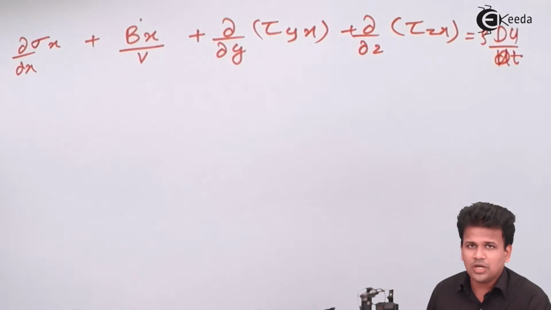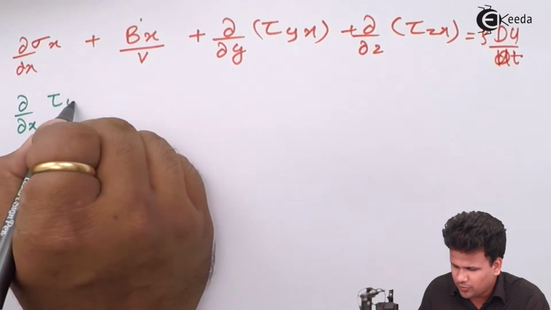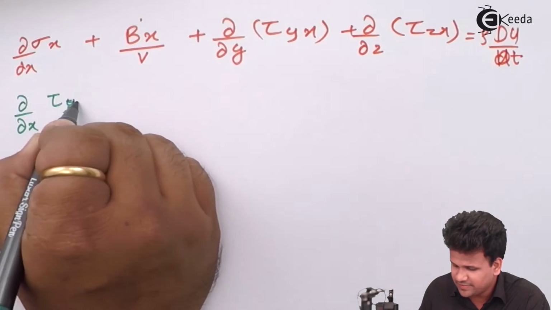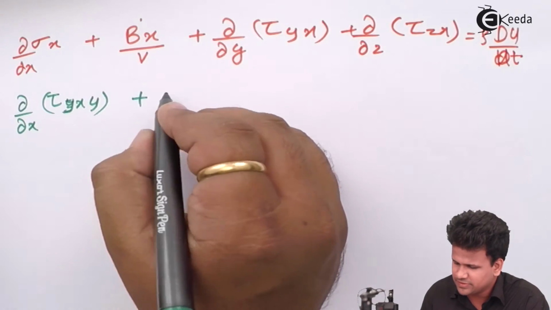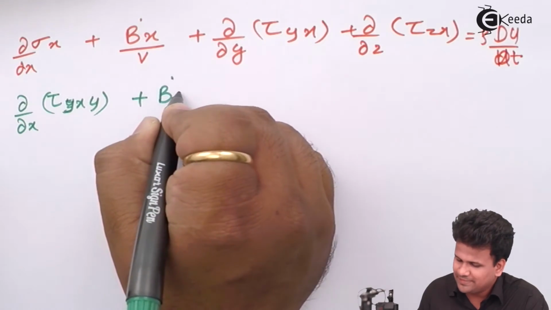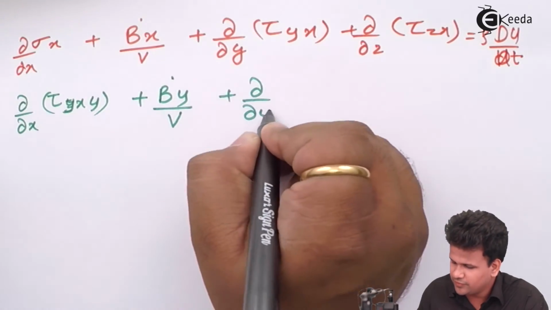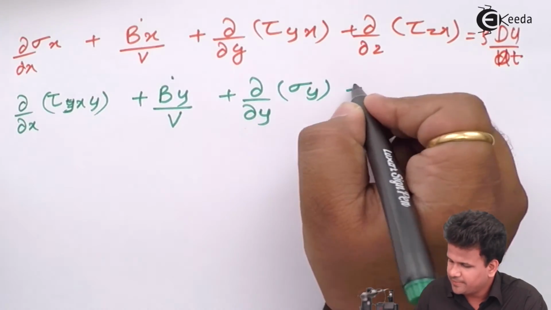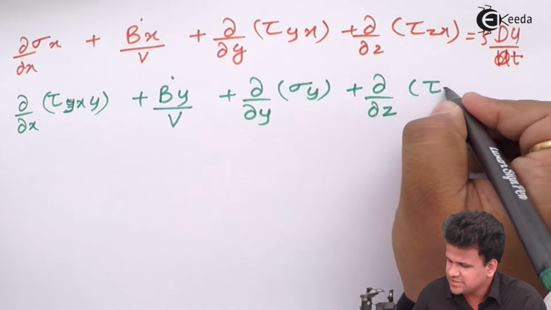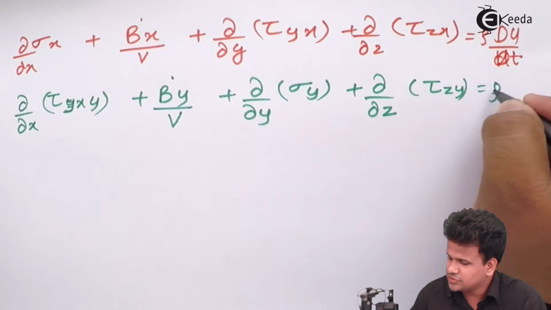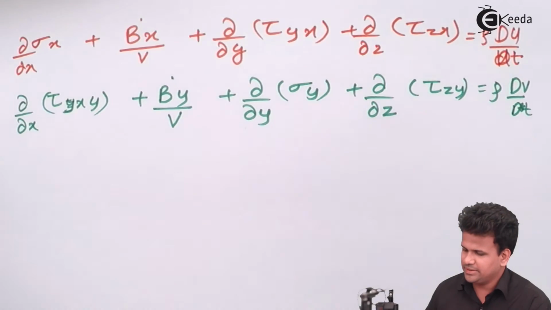Similarly, we'll write down along y direction, so this will be dou by dou x of tau of x plane y direction plus we'll write down the body force, so this is body force per unit mass along y direction divided by the volume plus dou by dou y of sigma y plus dou by dou z of tau of z plane y direction is equals to rho into dv by capital dt.